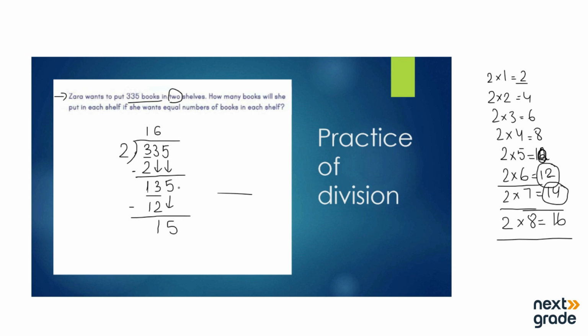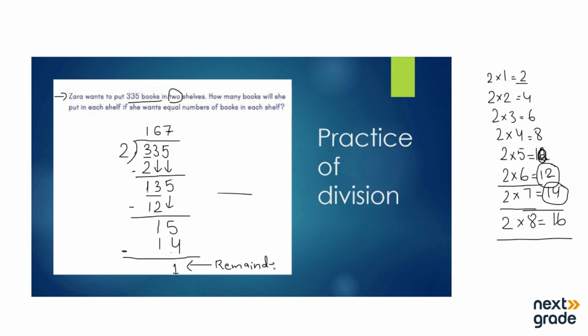So we'll write over here on the top that here comes the 7, and we'll write over here 14. Okay, so if we do the subtraction over here, we can see 15 minus 14 is 1. So that means that 1 is the remainder.